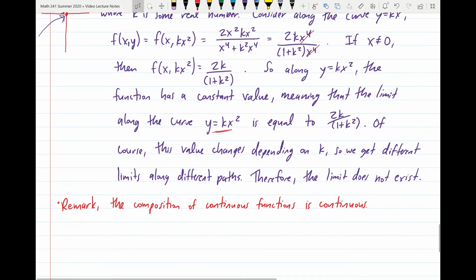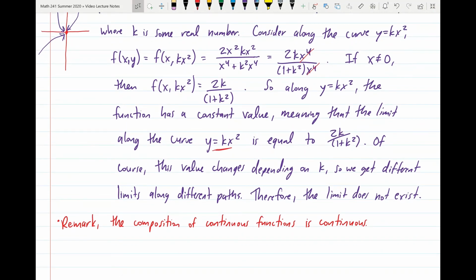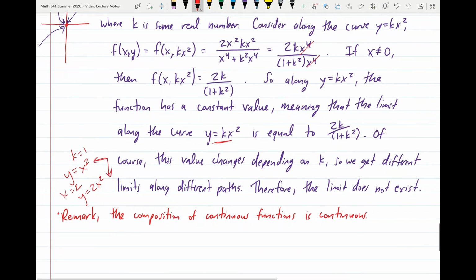And of course, this value is going to change depending on what k we choose. So we can just choose two arbitrary parabolas. Say we choose the one where k equals 1, so that y equals x squared, and then we can choose the one where k equals 2, so that y equals 2x squared. And if we approach the origin along these two different curves, then we get different limiting values.